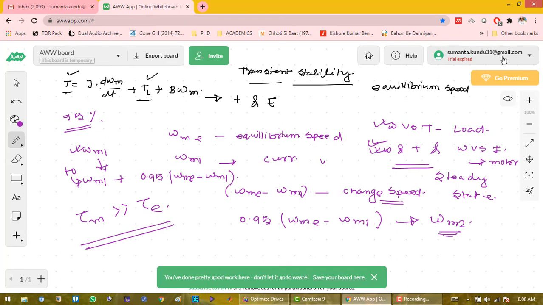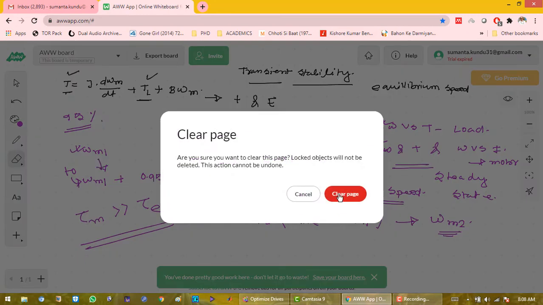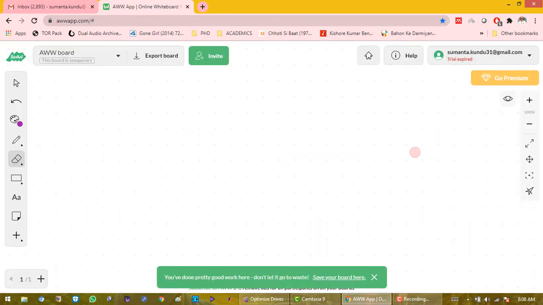Okay. Now we know from the basic fundamental torque equation of a drive that T equals TL plus J d omega by dt.